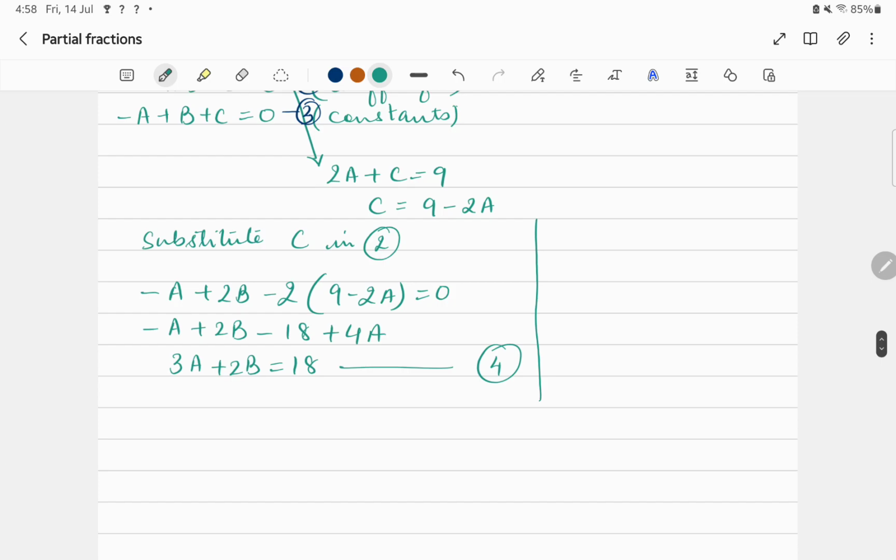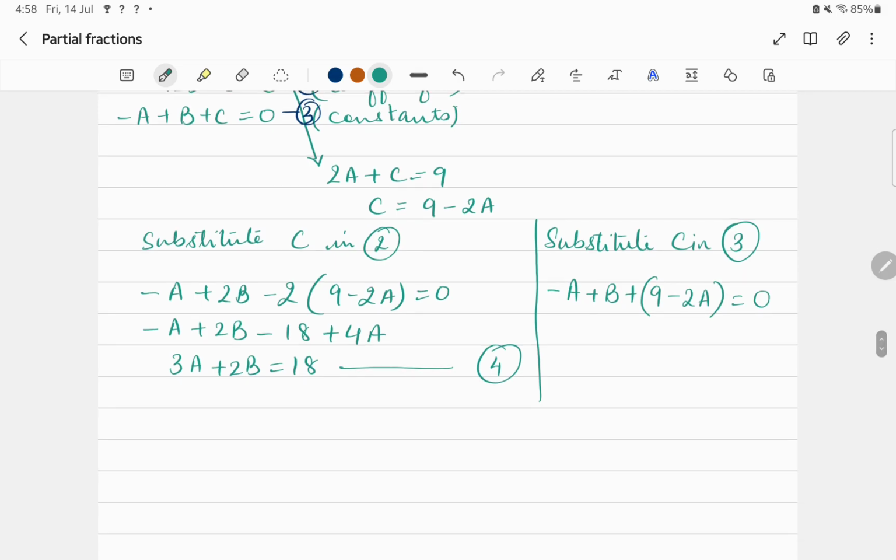Similarly, if we substitute c in the third equation, we will get minus a plus b plus 9 minus 2a is equal to 0. That gives us minus 3a plus b is equal to minus 9. That's our equation number 5.